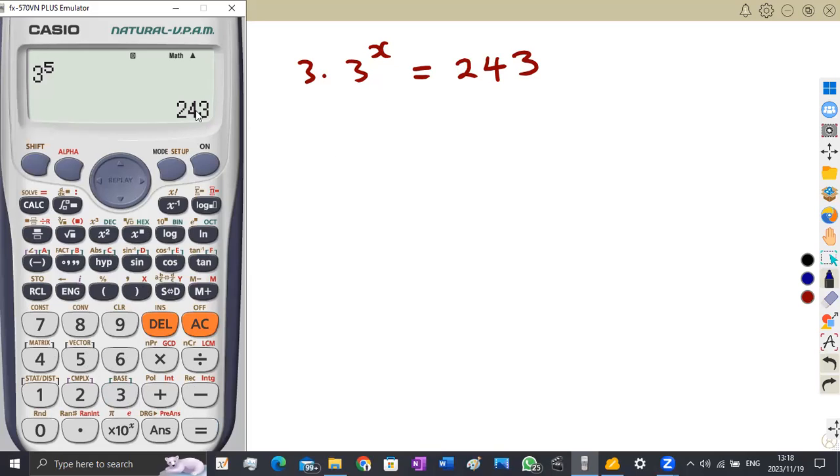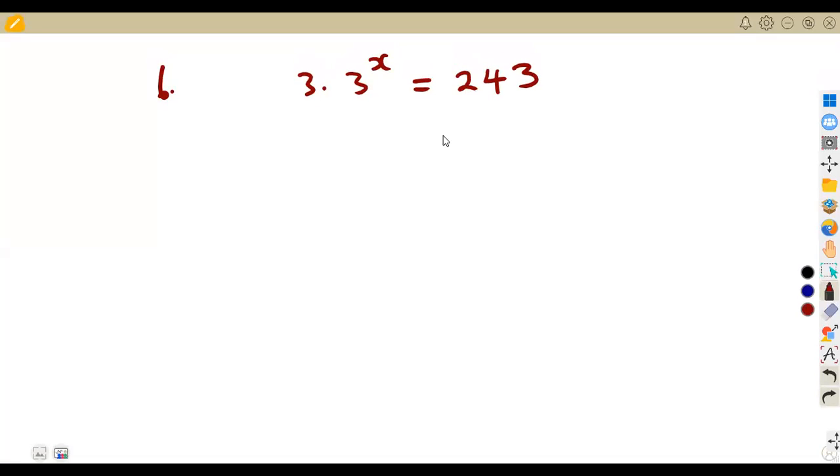So we have the base to use, but the only thing we do not know is the exponent. So now we know it is 3 to the exponent of 5. We are going to write this as 3 to the exponent of 5.